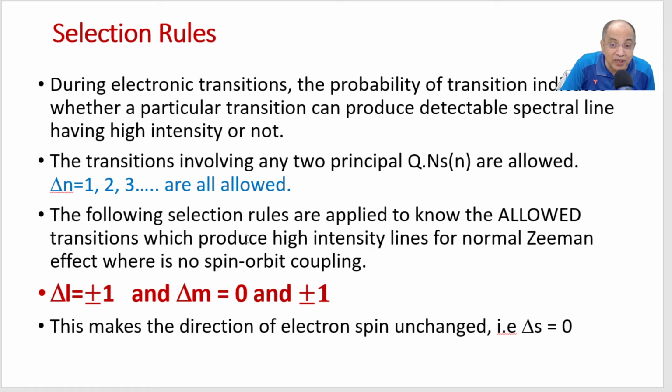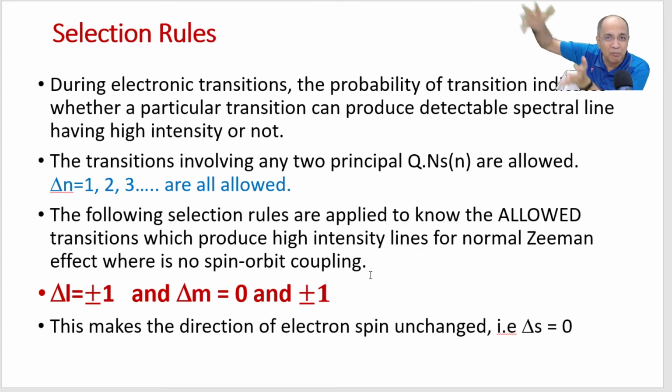The following selection rules are applied to know the allowed transitions which produce high intensity lines for normal Zeeman effect where there is no spin orbit coupling. When there is a spin orbit coupling and also there is Zeeman effect, that is anomalous Zeeman effect, that will be considered separately. There we will have another quantum number that is a mixture of L and S, the orbital quantum number and the spin quantum number.